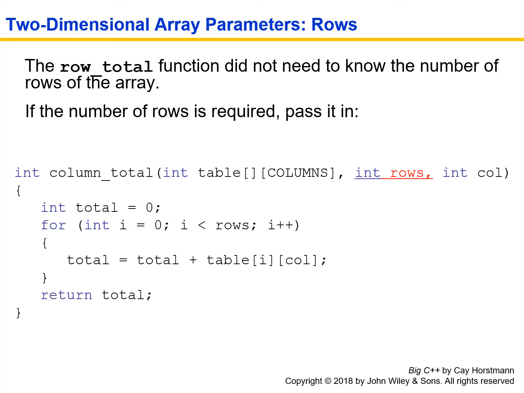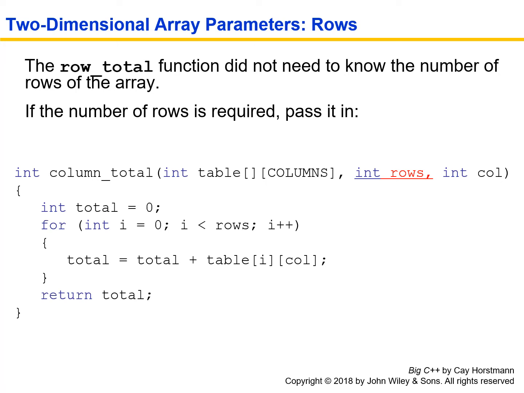Now, when we did that, the row total function didn't need to know the number of rows in the array because we were only ever going to use 1 row. But if we want to do a column total, we need to tell the function how many rows the array has. And we do that the same way we've always been doing it for passing arrays to a function.